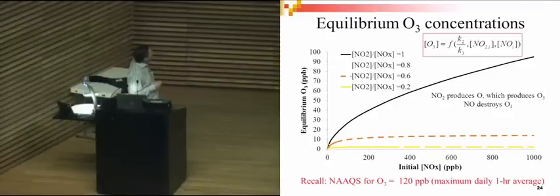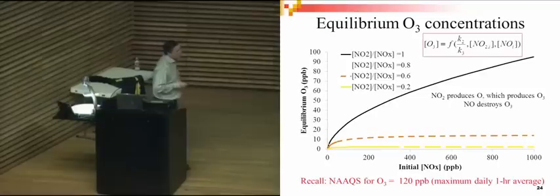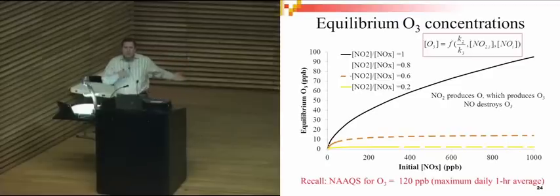But as we get to a ratio of 1, then our equilibrium ozone concentration starts to produce ozone, and it's greater than the rate that ozone is degraded. So this equilibrium ratio of NO2 to NO is the tripping factor that'll drive whether we're producing ozone or whether we're degrading it.